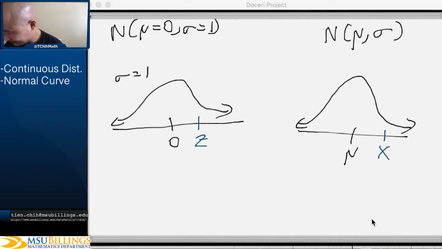All right, so we'll switch colors again, and we're going to talk about going from x's to z's. So here I have a value on the curve. Its center is at mu, and its standard deviation is sigma. So it's shifted over, and then it's stretched out by sigma, or potentially pushed in if sigma is less than 1.